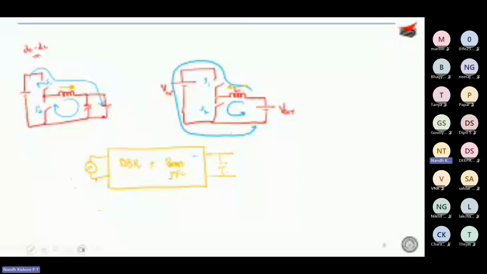Now what you want for your regulated power supply is not 400 volts. Let's say you want something like 72 volts. Low voltage battery ratings, you would have learned anyway that they can be 12 volts, 24 volts, 28 volts, like 48 volts, 72 volts, even 96 volts, and so on.